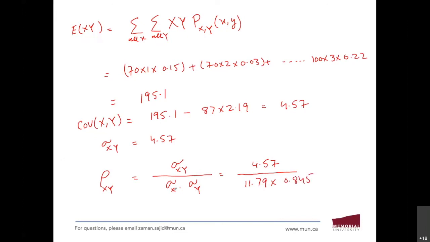These are what we just found out in the previous slides. So your final answer comes out to be 0.46. This is your final answer, the correlation coefficient between x and y.